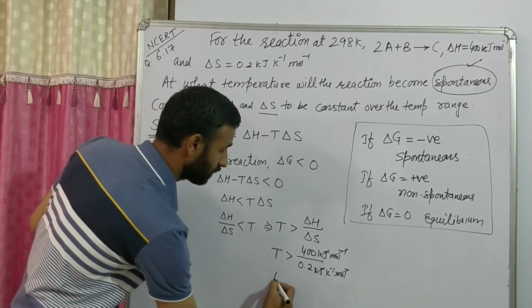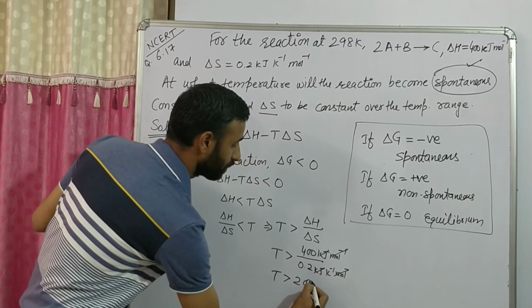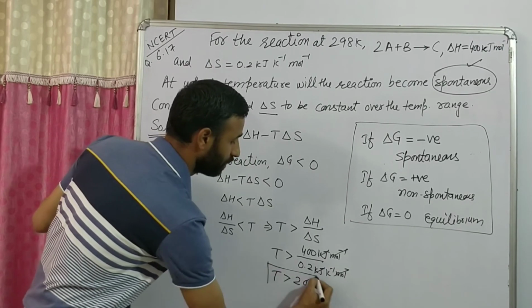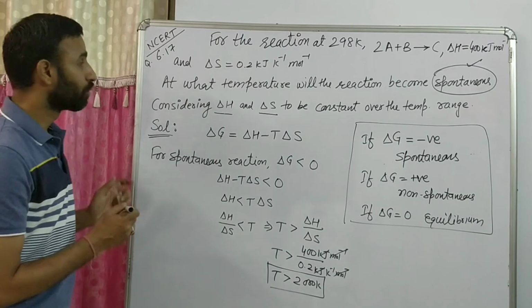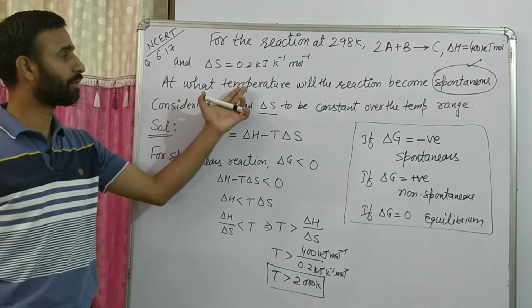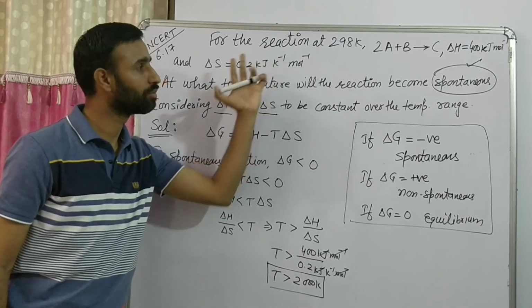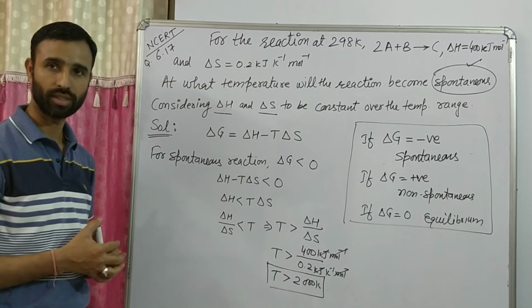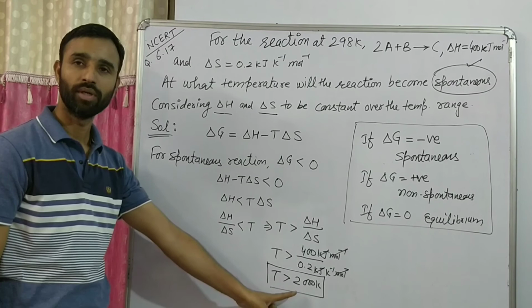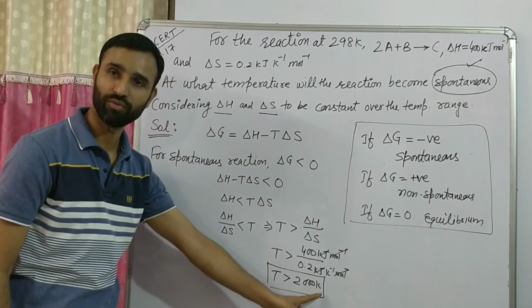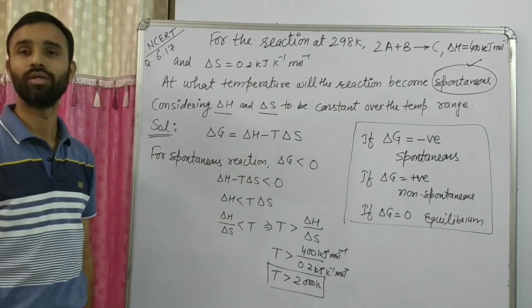That implies T should be greater than 2000 Kelvin. So we can say that if temperature is greater than 2000 Kelvin, then this reaction becomes spontaneous. Any temperature above 2000 Kelvin makes the reaction spontaneous.